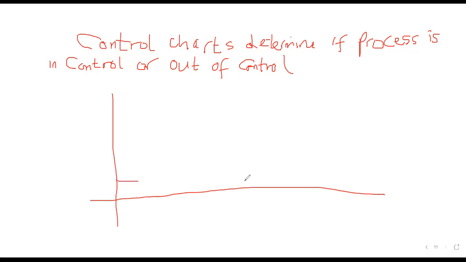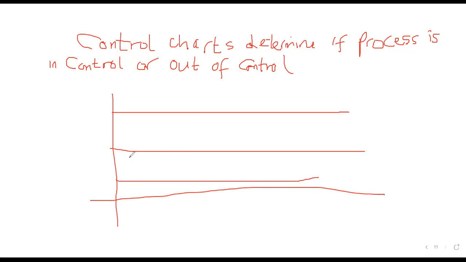then our center line is here. This is our lower control limit, our center line, and this one is the upper control limit. For example, if this is our R bar, then data point 1, data point 2, data point 3, 4, 5, 6, 7, maybe 8 here.